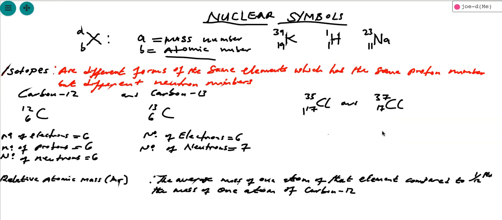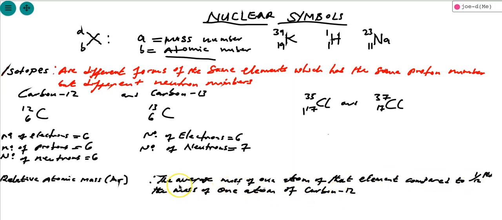Okay, now let's look at another key term that you have to know about atoms: relative atomic mass, which is represented by Ar. It is the average mass of one atom of an element compared to 1/12 the mass of one atom of carbon-12.